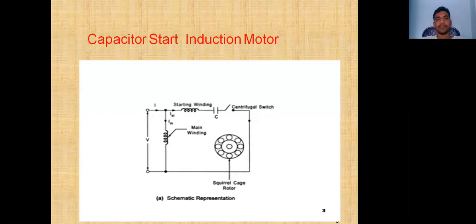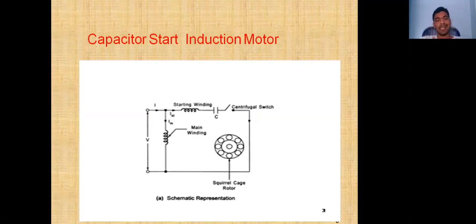This is the capacitor start induction motor. Here is the main winding. This is the starting winding in series with a capacitor and a centrifugal switch. Generally, the rotor is a squirrel cage rotor.